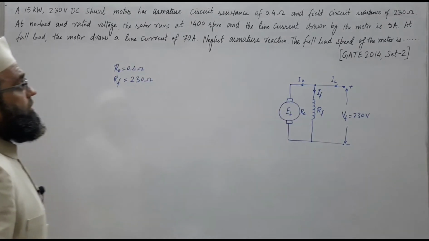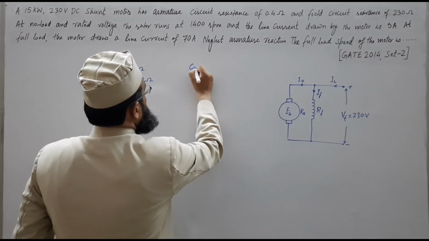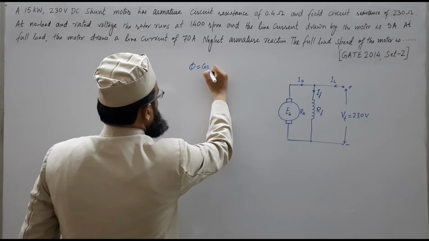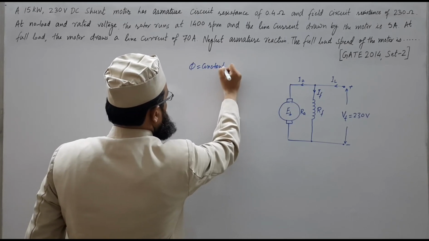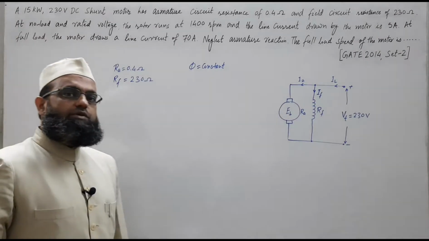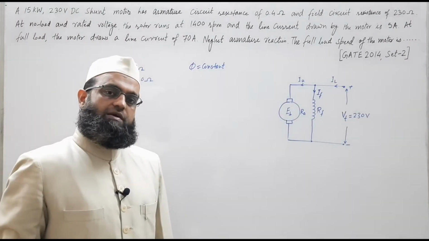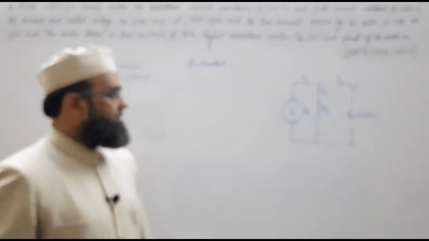Fine. So remember what we discussed under capsule number 2. If phi is constant, then only 4 parameters will be there. Out of 4, the values of 3 parameters will be given directly or indirectly, and the 4th one will be asked, right?